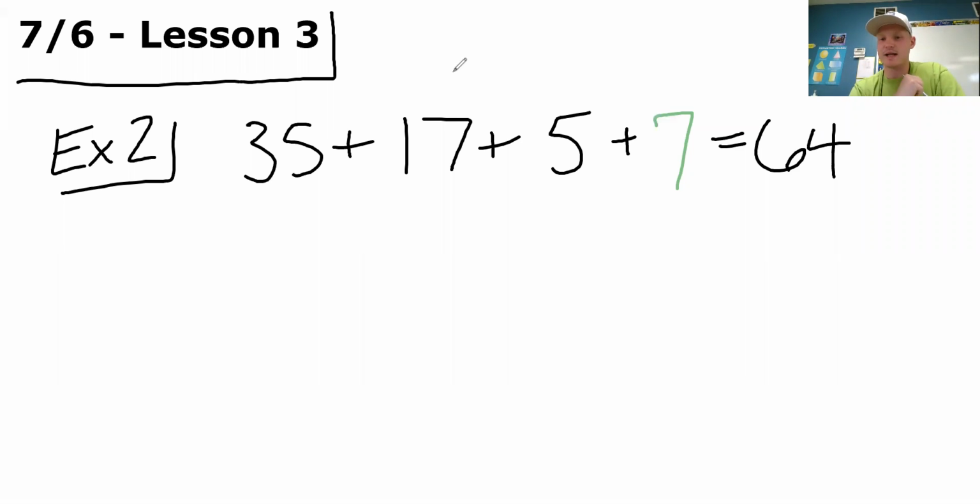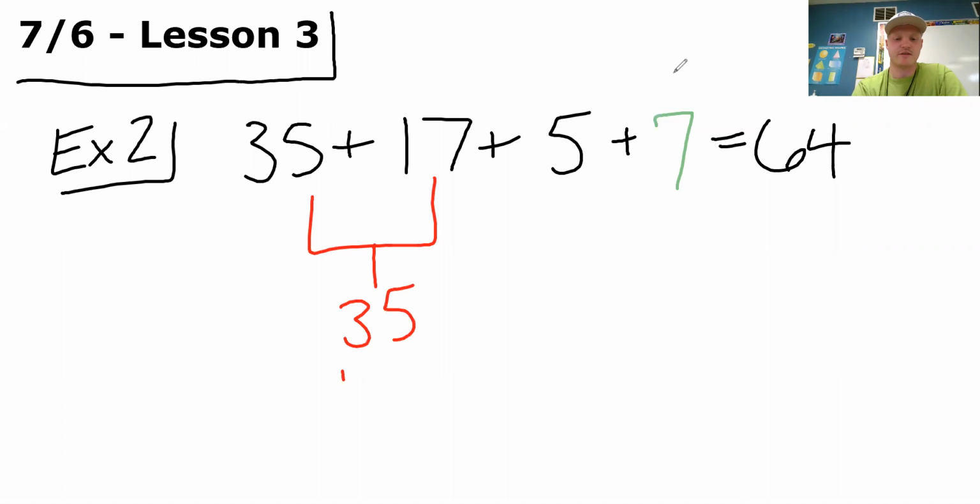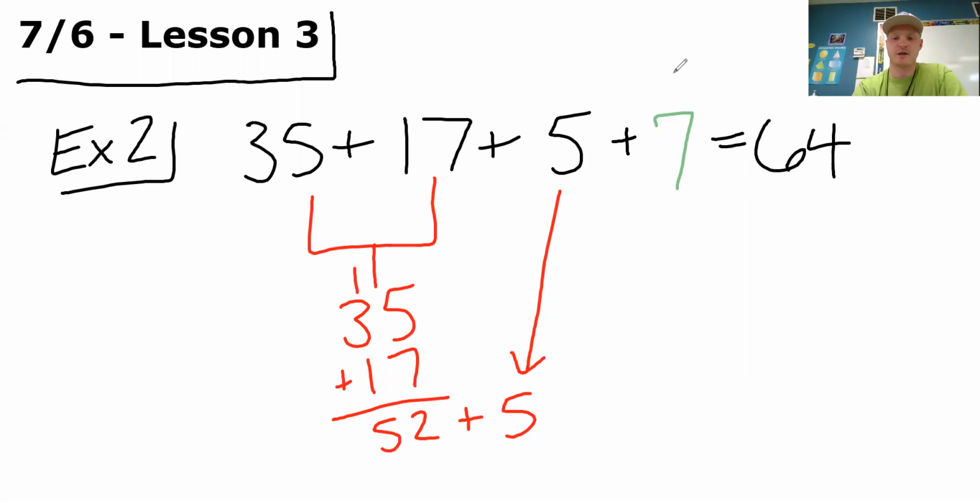Okay, so we said our answer was 7. Let's try that. If you need to, you can pause at any time. I'm going to take 35 plus 17. 7 plus 5, we got 12. 1 plus 1 plus 3, that's 52. Now I take 52 plus 5, because that 5 is brought straight down, and this 7 is brought straight down.